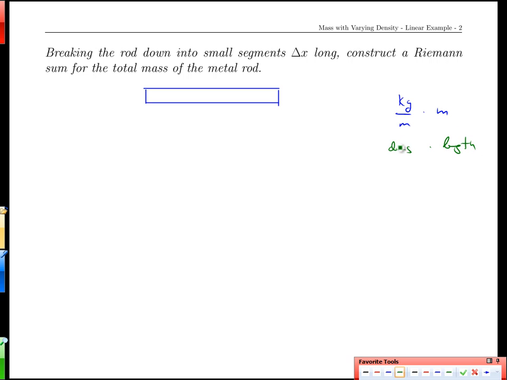If we can have a constant density, then this calculation makes perfect sense. The problem is when we try to do it for the whole rod at once, we get into trouble. But if we were to imagine a small slice, say, delta x thick, that was x meters from the left edge, then we could talk about kilograms, and that would be the mass of a slice.